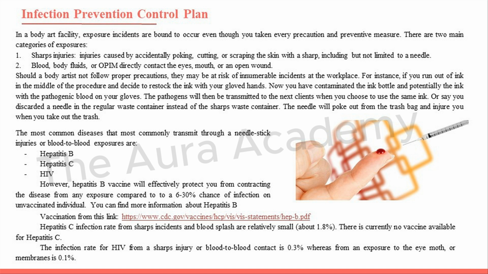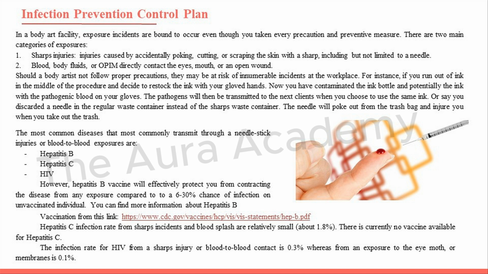The diseases that most commonly transmit through needle stick injuries or blood-to-blood exposures are hepatitis B, hepatitis C, and HIV. However, the hepatitis B vaccine will effectively protect you from contracting the disease from any exposure, compared to a 6 to 30% chance of infection in an unvaccinated individual.